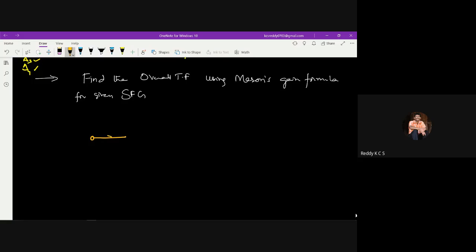This is the source node, and from this there are 6 nodes: 1, 2, 3, 4, then 5, then 6. The signals flow like this. Then from the second node there is a connection to the fifth node in a forward path direction, like this. Then from the fifth node, once again there is a feedback like this.